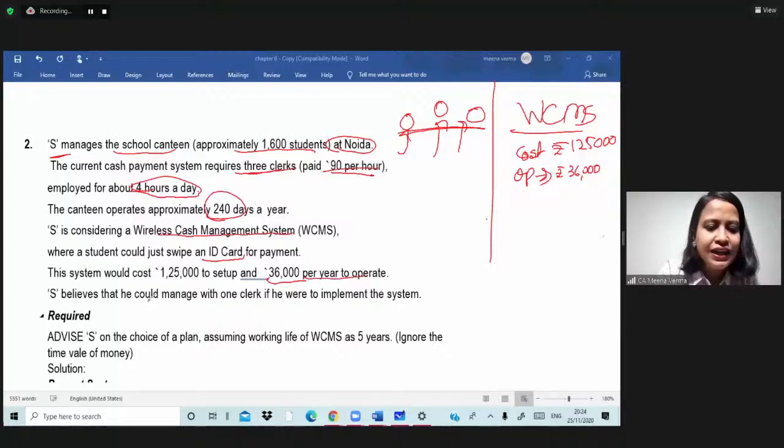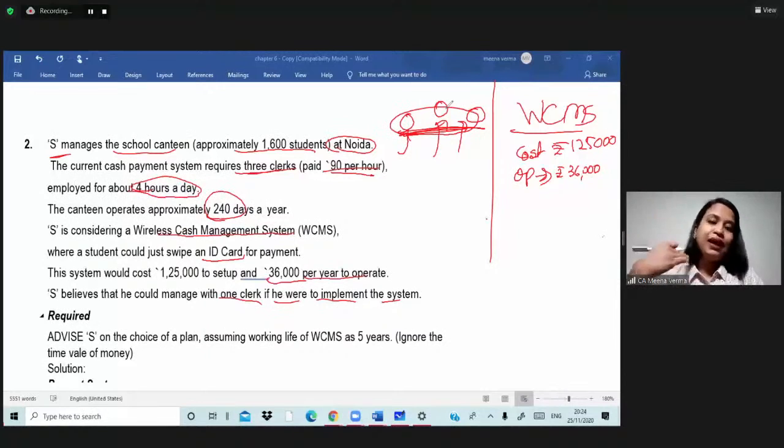S believes that he could manage with one clerk if he were to implement the system. Now they are saying that instead of three clerks, in the new system it is enough to pay money to one clerk. One clerk can manage the entire system.